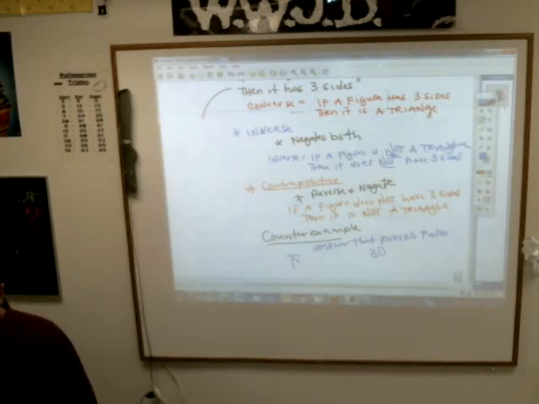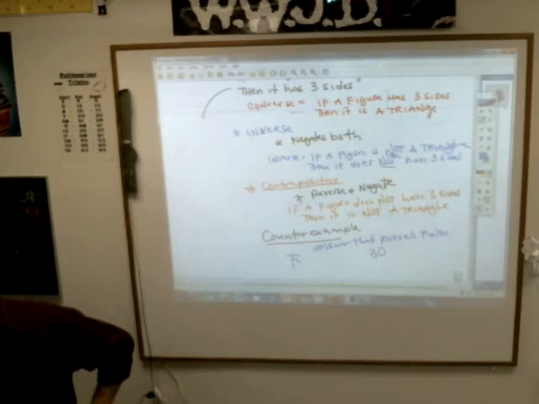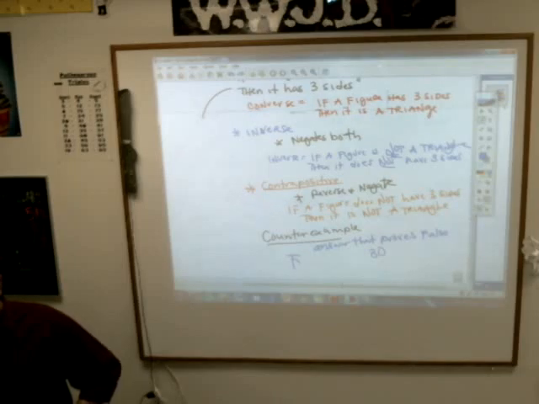Number 2, write the contrapositive. Remember, contrapositive does both reverse and negates of this statement. If two lines are parallel, then they do not meet. If you reverse it and negate it, what do you say?